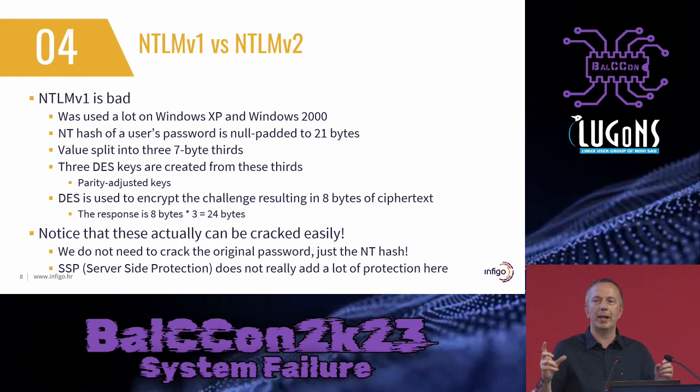Anyone knows how many bytes you get from MD4? Come on. Yeah, that's correct. But you are so shy. It's 16 bytes, right? So you get 16 bytes with MD4. Now, Microsoft needed 21 bytes. Why? Because they needed to encrypt 3 parts with 7 bytes, which is a DES key, DES algorithm key.